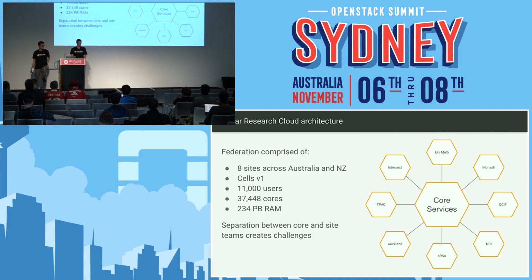That was the figure that I got on Friday. As I mentioned, being a federation means there's a separation between the core and the sites, and that does create some challenges in how we operate.